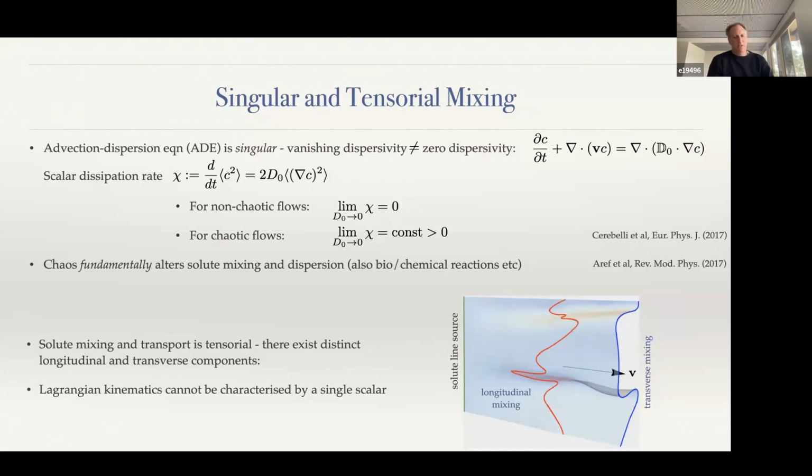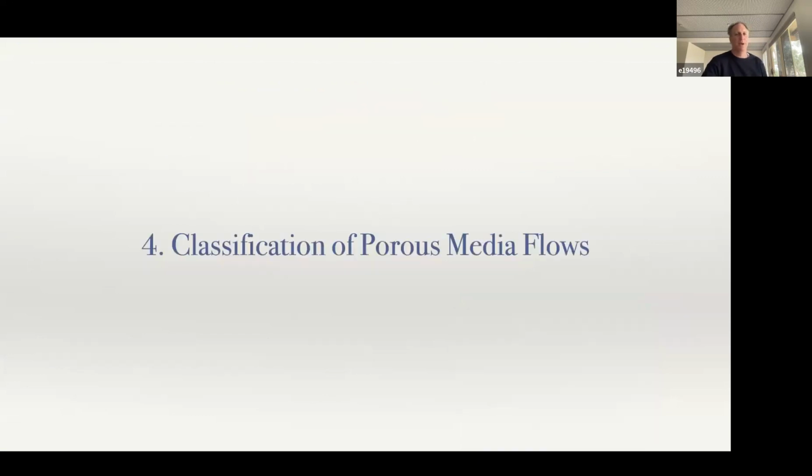If on the other hand, we considered a pulsed line source, then that line source is going to evolve within the same sheet, but is going to evolve as a line as shown by the red line there, and that line may also mix via longitudinal mixing. So there are different aspects to solute mixing and transport that mean it's essentially a tensorial process. And so we need a framework to capture this complexity.